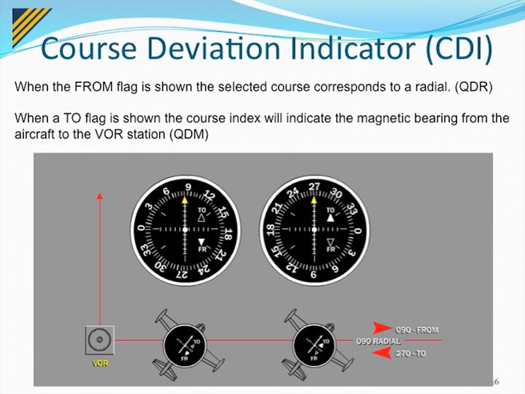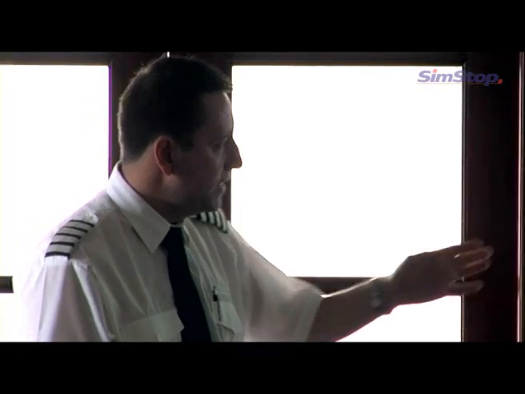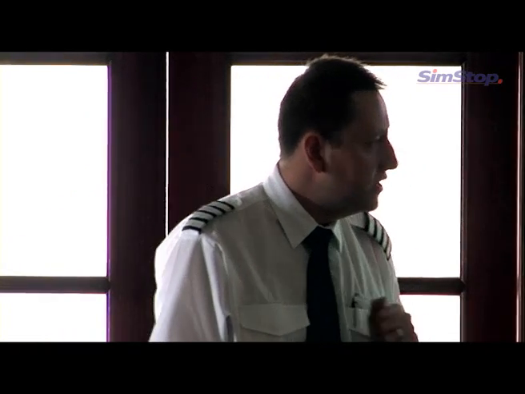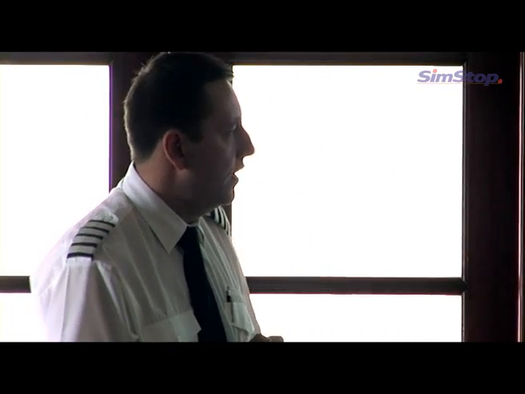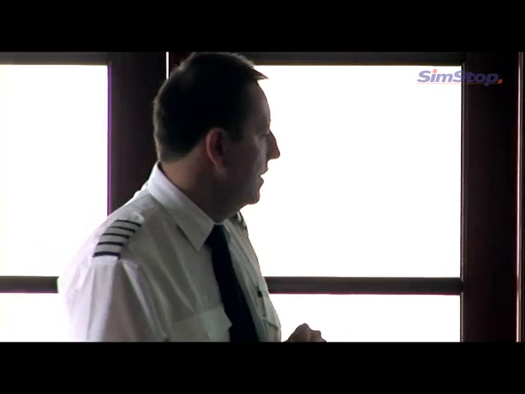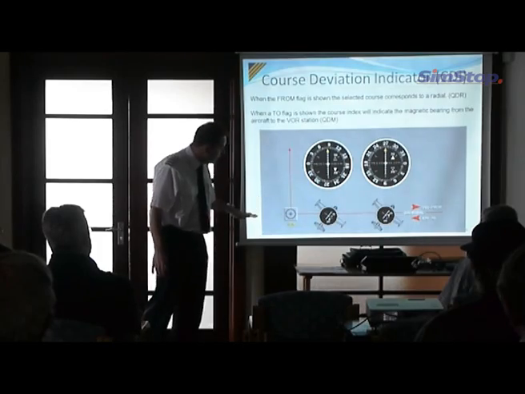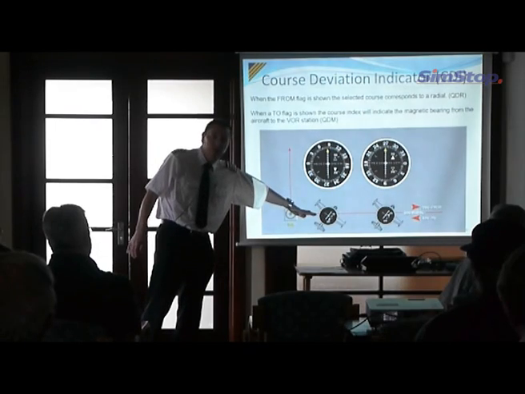When the from flag is shown, as we said, that corresponds to, and the needle centred, that means you are on your radial, the QDR. If we subsequently set the course deviation indicator to 270, then the needle will still be centred because you're effectively on an extension of the 270 radial.